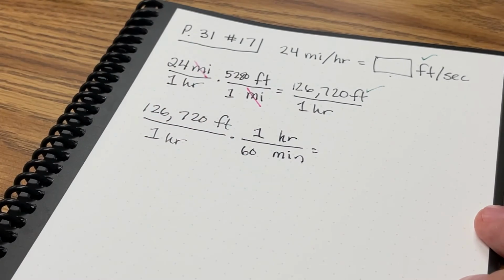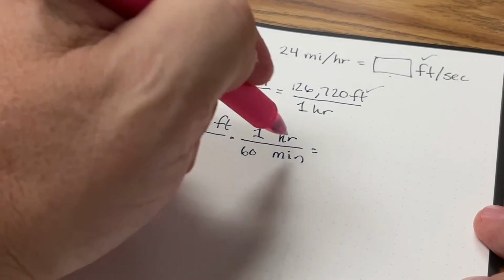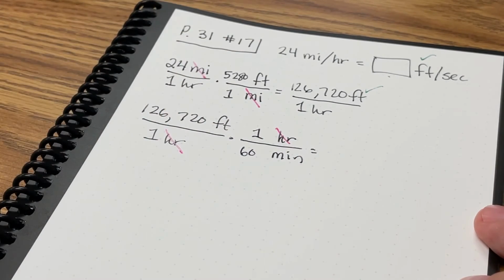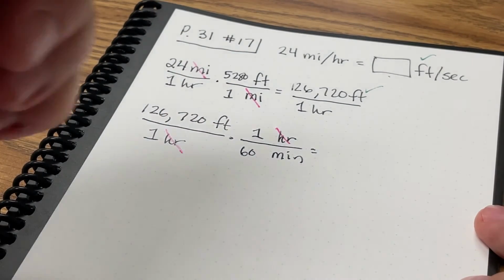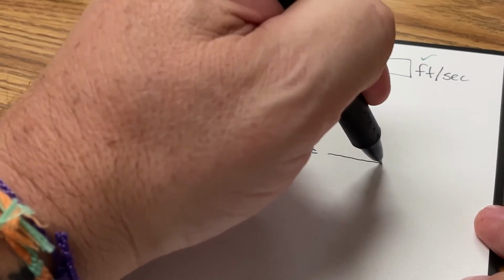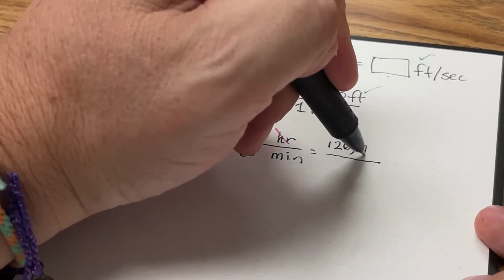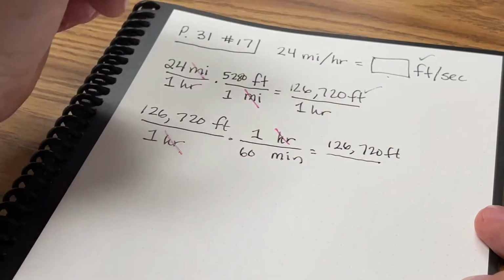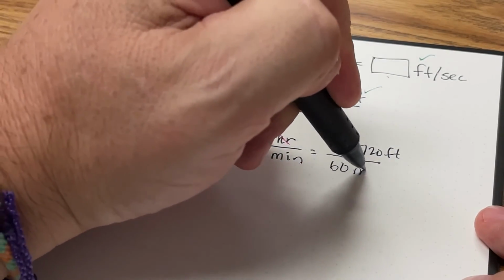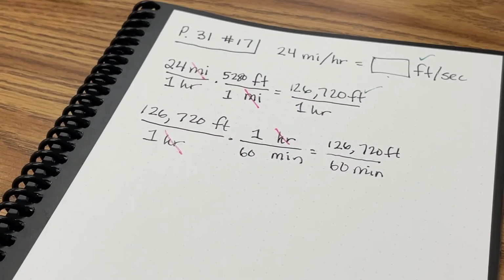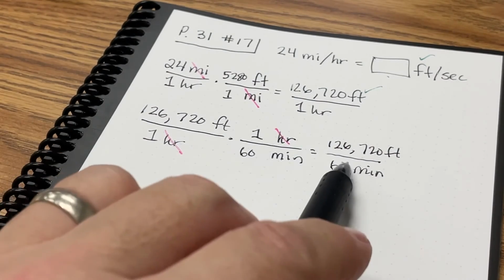Okay. So my hours cancel out. I'm going to have feet and minutes now. And if I multiply those across, I get 126,720 feet per 60 minutes. Now, I'm going to go ahead and solve this right now.